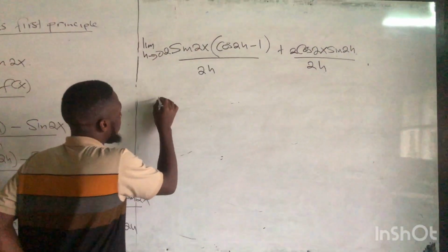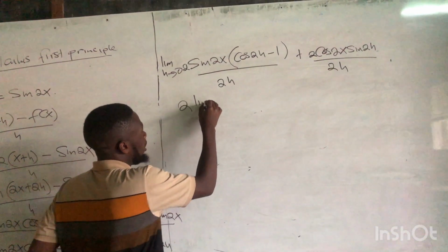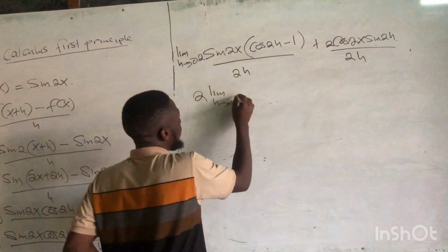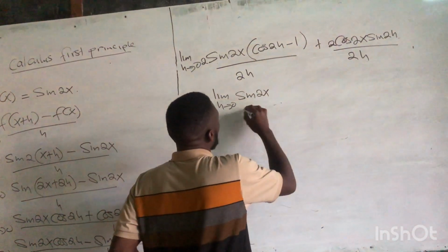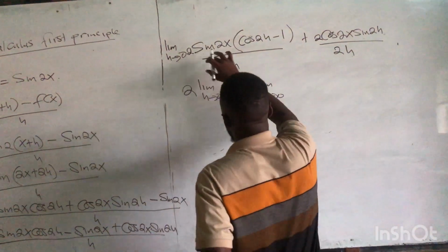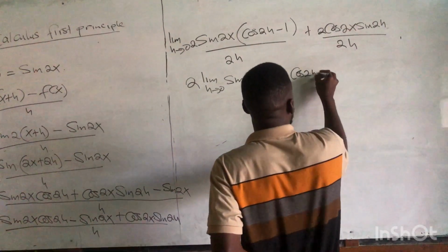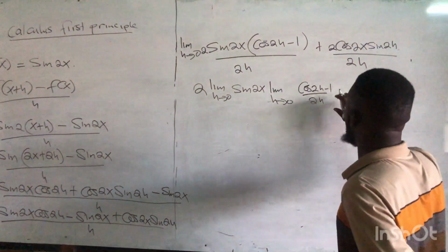So what's the next step here? Let's put these 2 in front. Limit as h is approaching 0, then again put this one, sine 2x. Again, limit as h is approaching 0. We're just splitting this. We remain with cos 2h minus 1 over 2h. So we have an identity here.